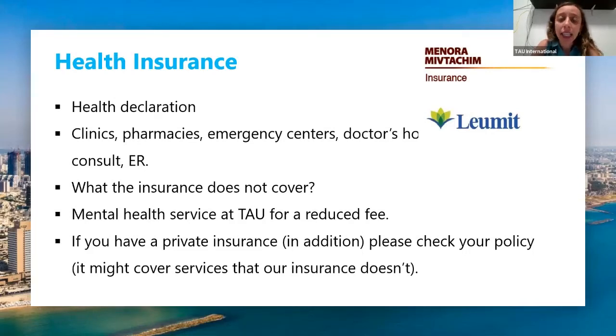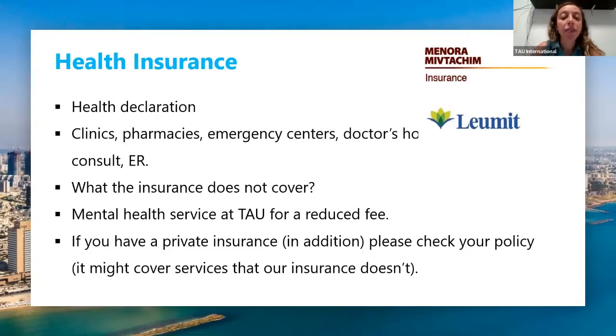So it's really easy, and you can subscribe to it while you're already here if you need it. It's not an emergency mental health place, so it's important to understand that. It's only for day-to-day meetings if you need to talk to a professional. So take that in mind, that we do have this service, and it's in English, of course, for students.